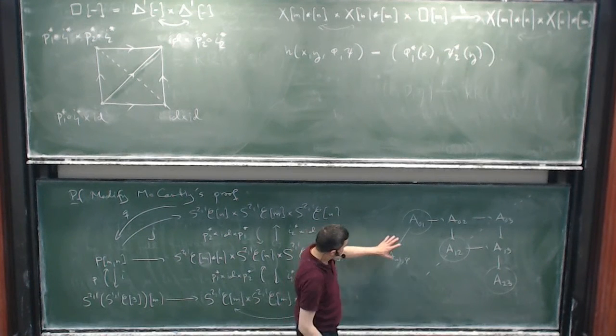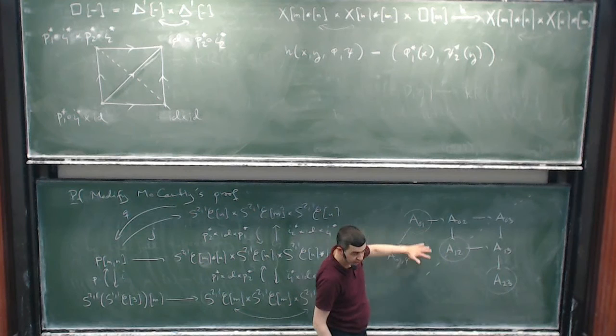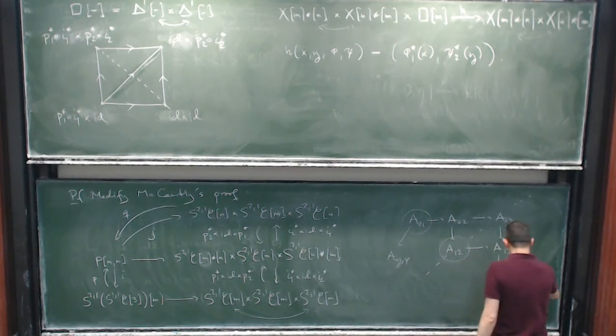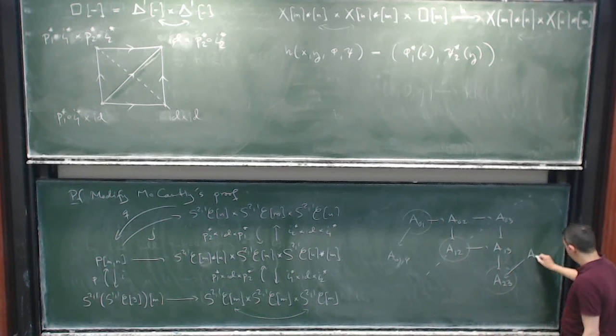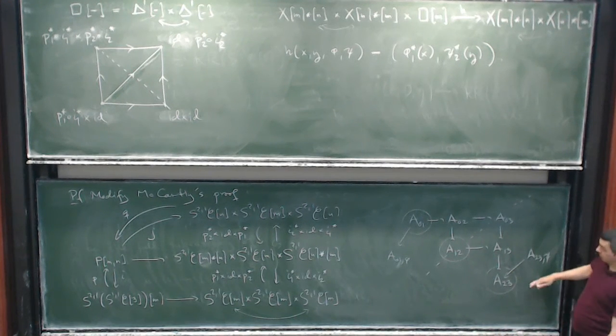And then we take push-outs along everything with respect to this guy. But we will also have a map in here. And then we take pullback of everything along this guy. So we have to do both.